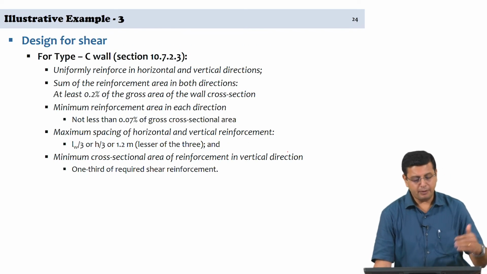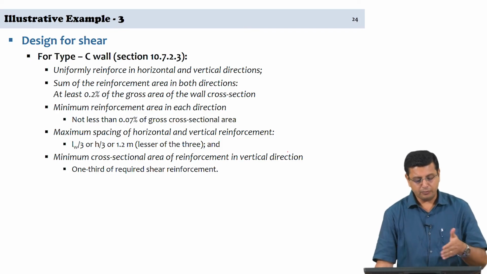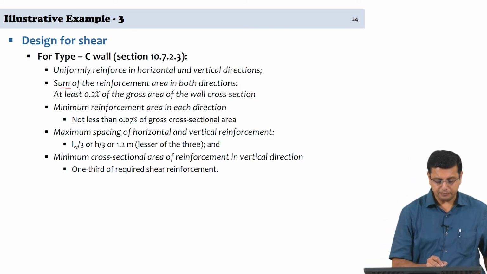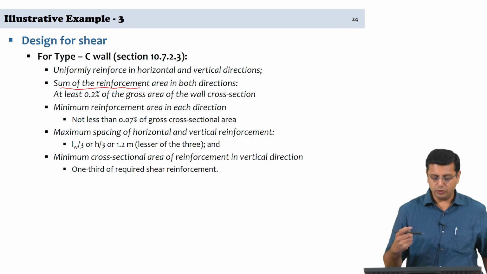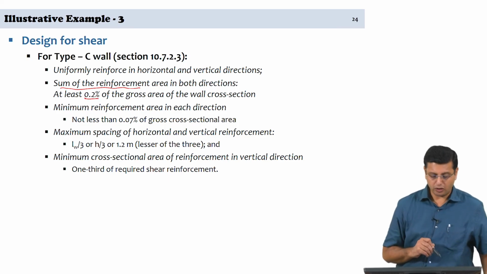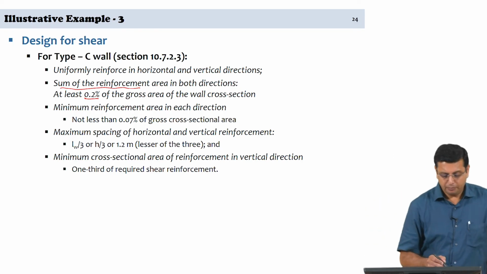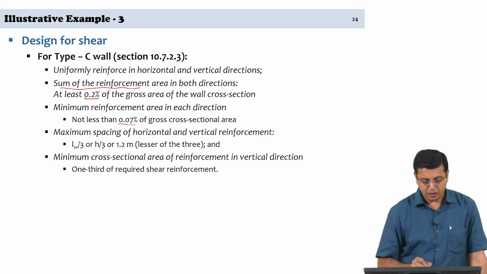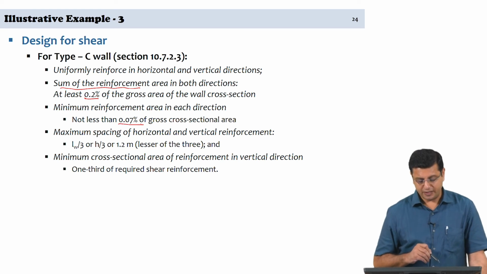So, if you remember the prescriptions for wall type C, we need to provide uniform reinforcement in both horizontal and vertical directions. We need to ensure that the sum of the reinforcement in both the directions is at least 0.2% of the gross area of the wall cross section. Minimum reinforcement area in each direction should not be less than 0.07% of the gross cross sectional area.